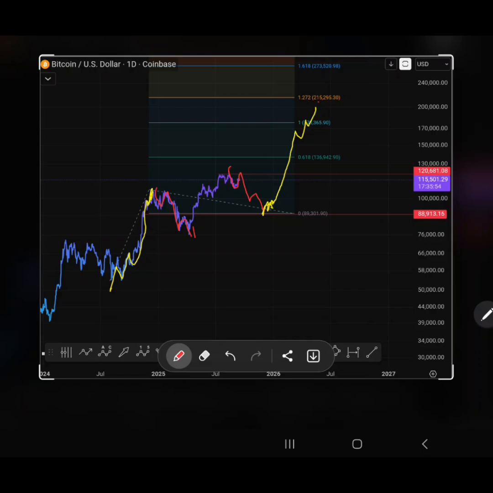The other scenario is this is your A, this is your B, and this terminates the C of the entire cycle. And out of that, you come back down for 50,000 liquidity, 44,000 would be a nice round number to potentially look for. But the key idea is to lock in some kind of profits if prices do reach an extension that looks complete, and then see if this pattern does repeat.